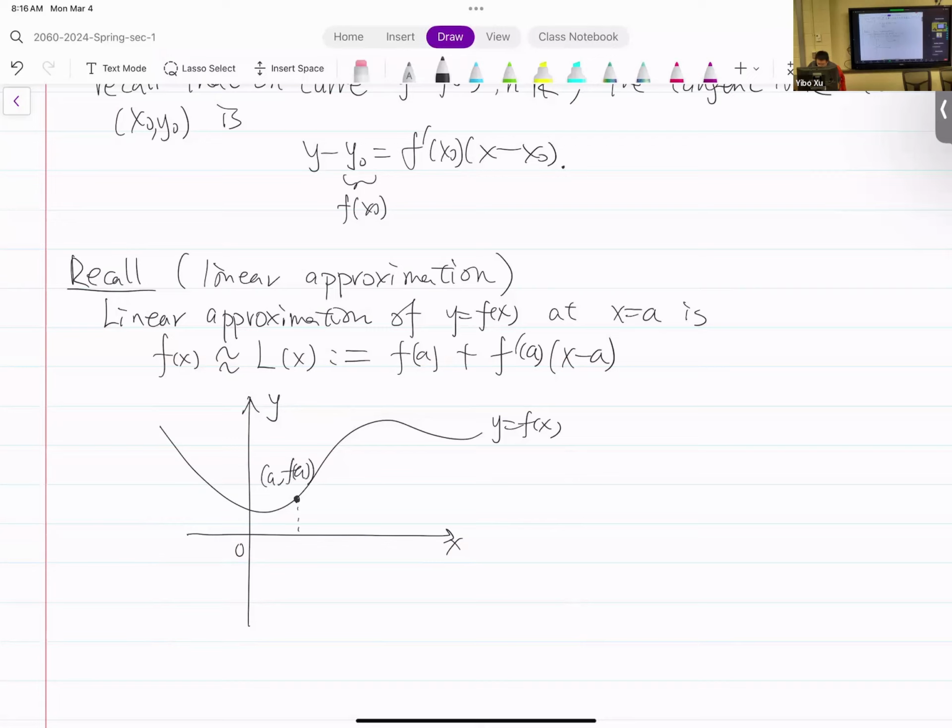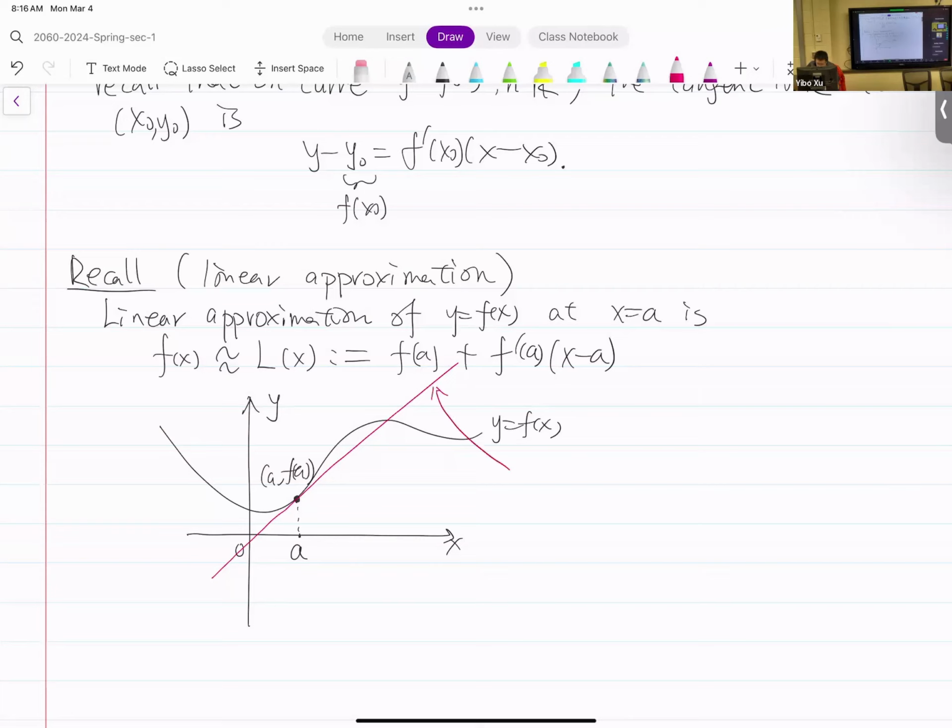So this is the x value a, right? And then basically the tangent line is the line that goes along the direction of the curve and goes through the point. Okay, so this is the tangent line, right?